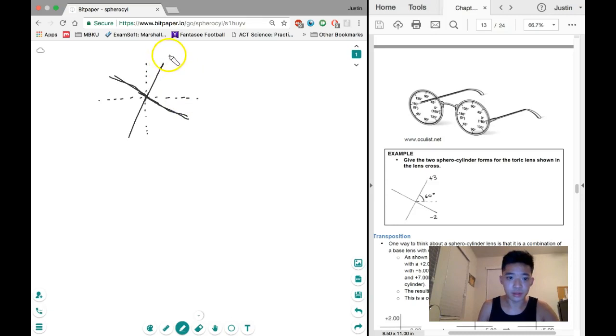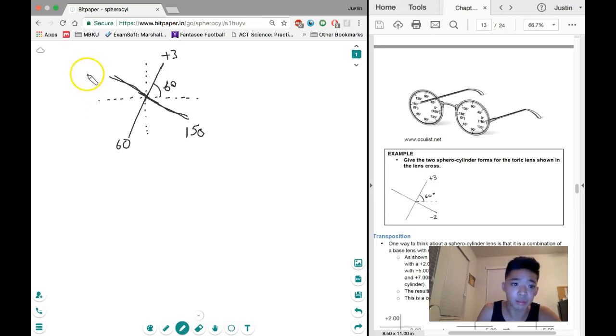Okay, so this is a +3. And this angle is 60 degrees from 180, which tells us that this other angle, if I want to call this angle 60, I can call this angle 150. 60 plus 90 is 150.